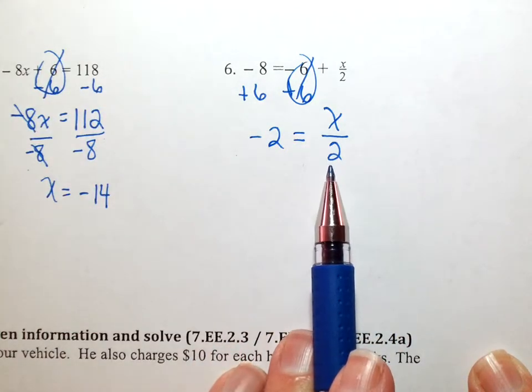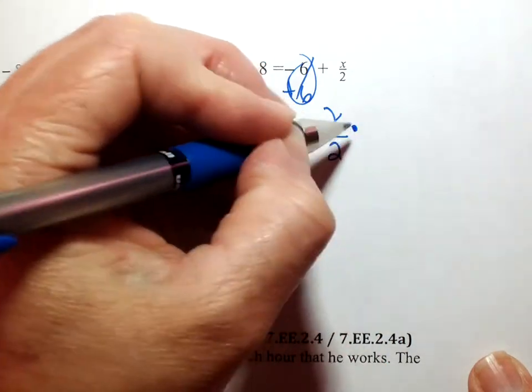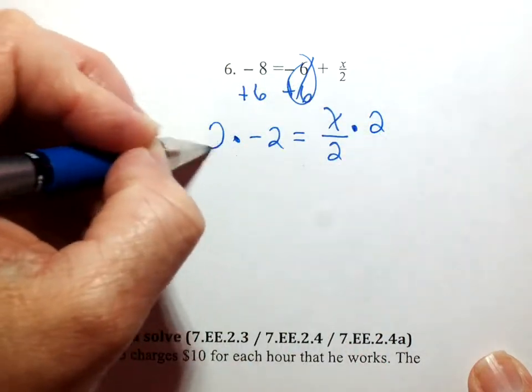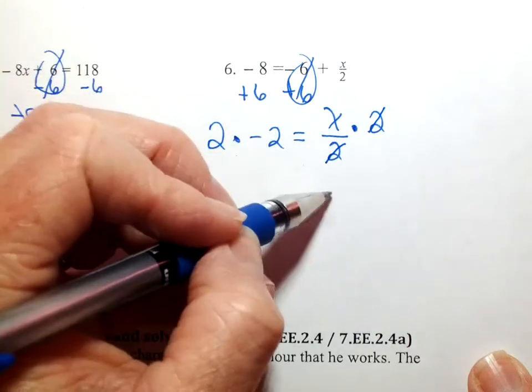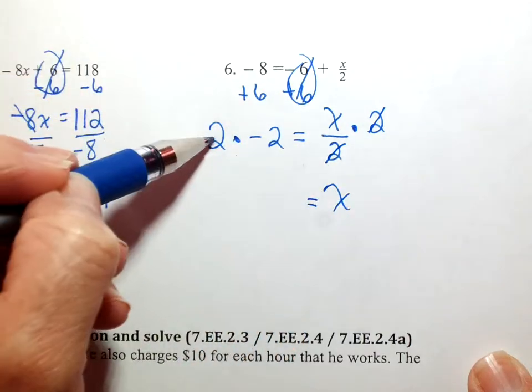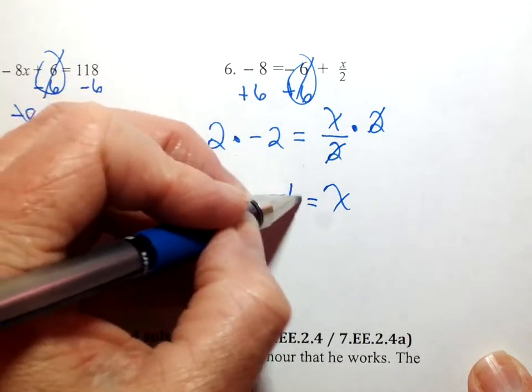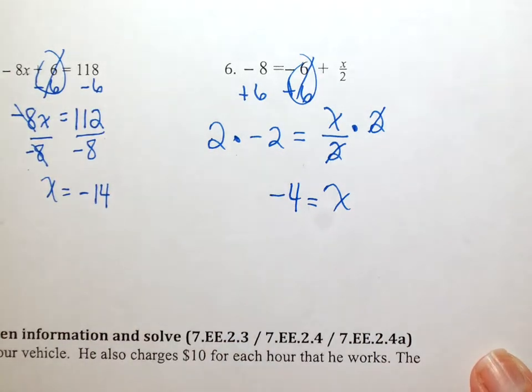X divided by 2, so I need to multiply by 2 on both sides to cancel them out. 2 times -2 is -4. Check your work, make corrections. Think about, I messed up here. This is what I should have done.